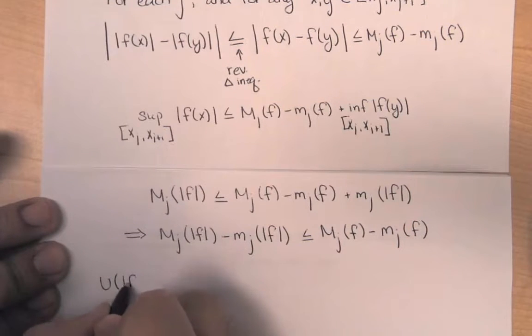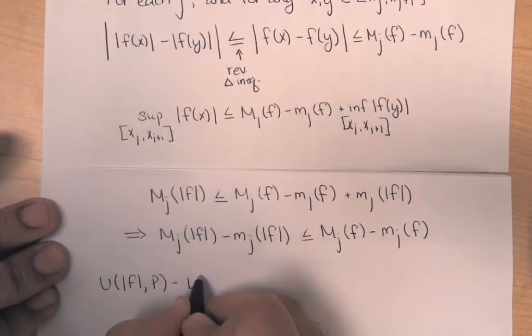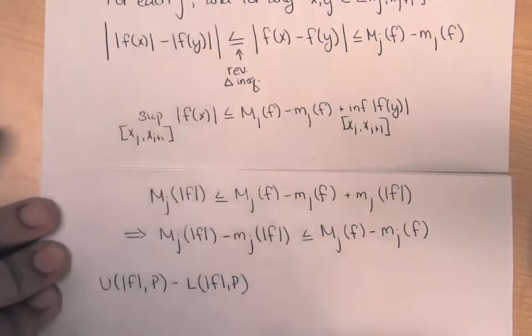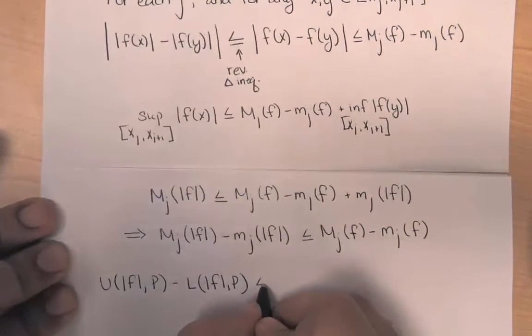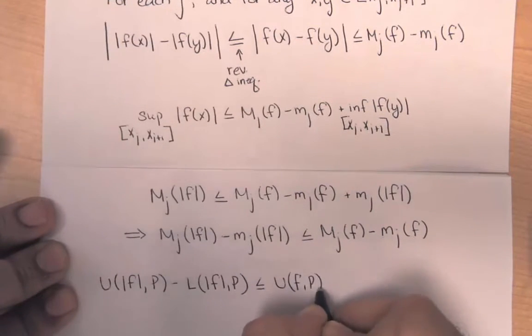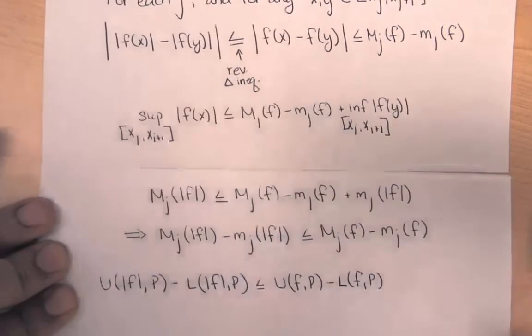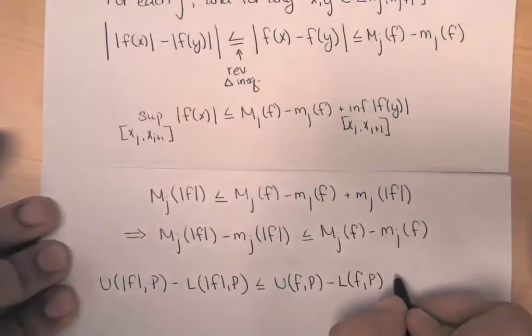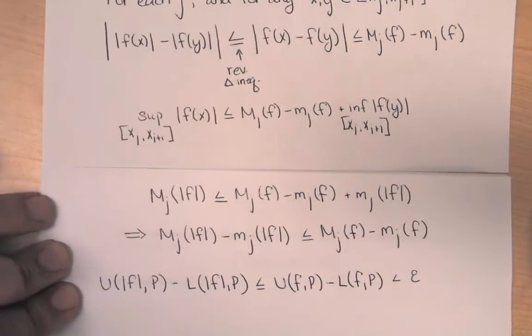the upper sum of f for P minus the lower sum of the absolute value of f for P. Remember, P is the partition that satisfies the epsilon bound for the upper sum and the lower sum of plain f, which by hypothesis is less than epsilon, right?